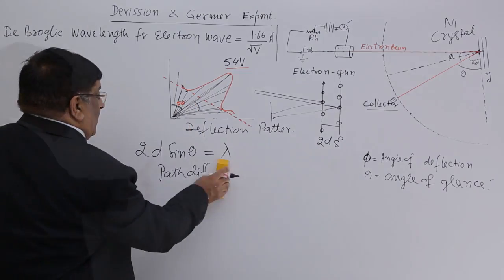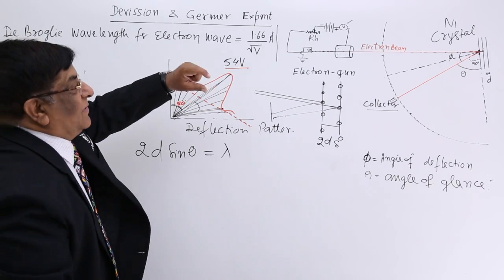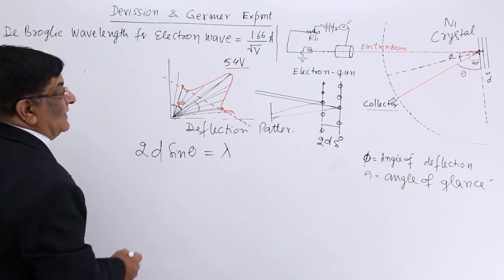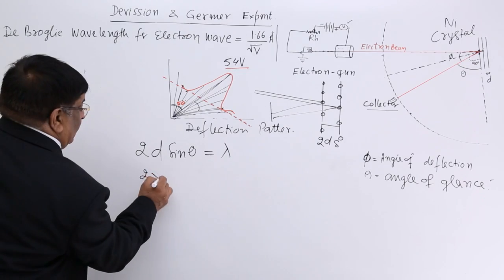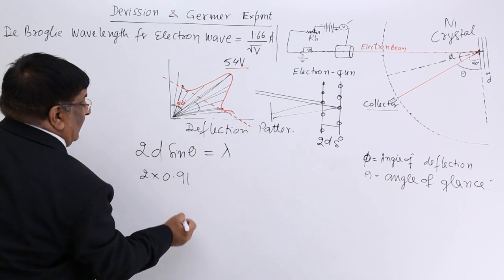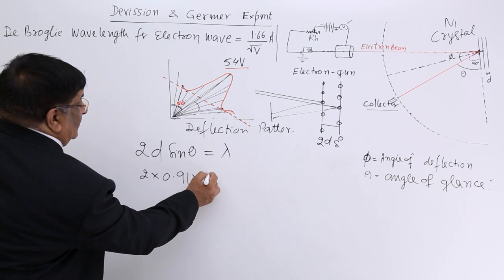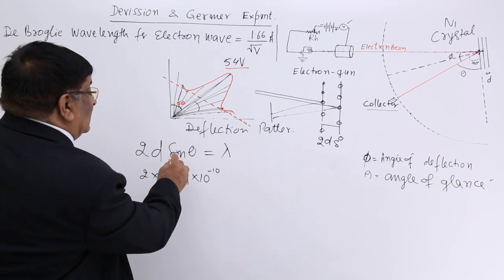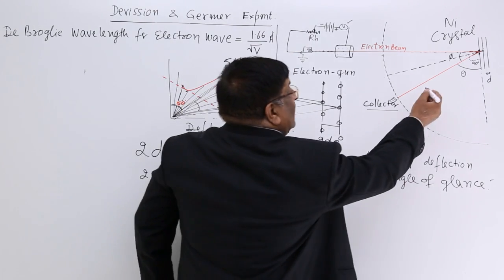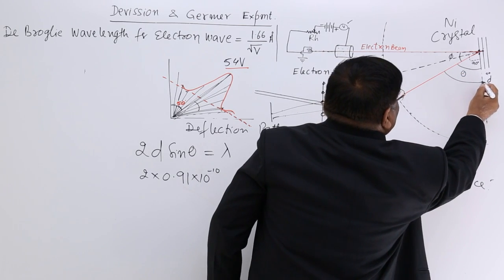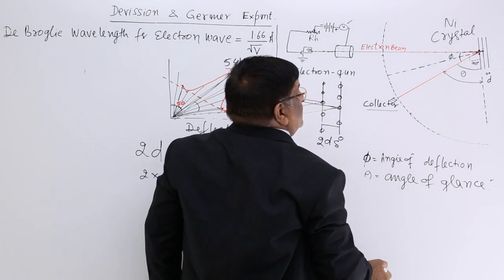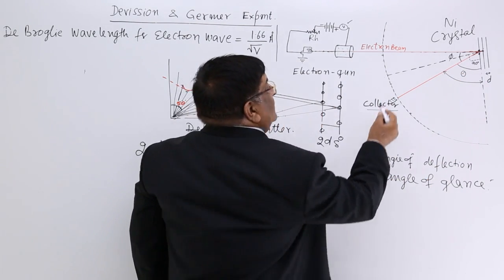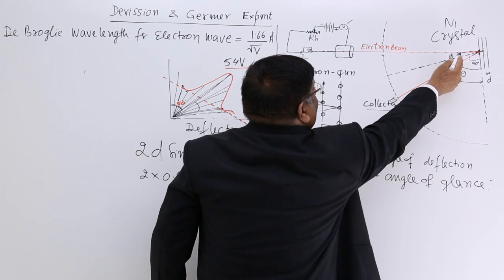Now, what is d? The distance between the two layers, and that is equal to 0.91 into 10 to the power minus 10 meter. What is this angle theta? What we have found, what was this angle?